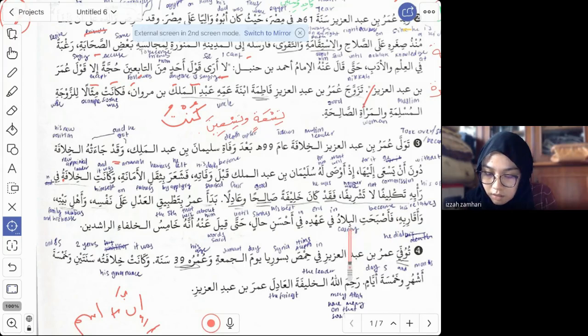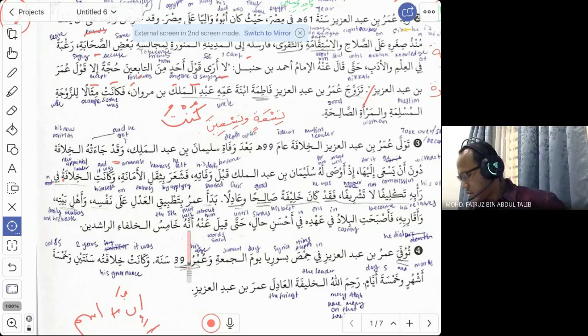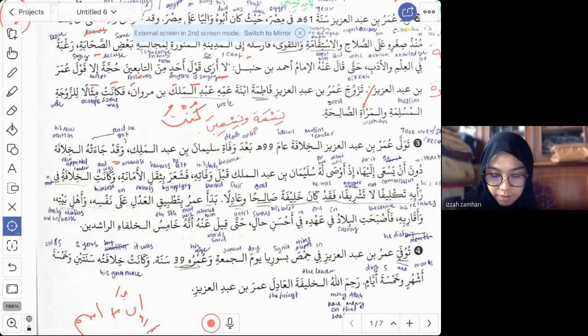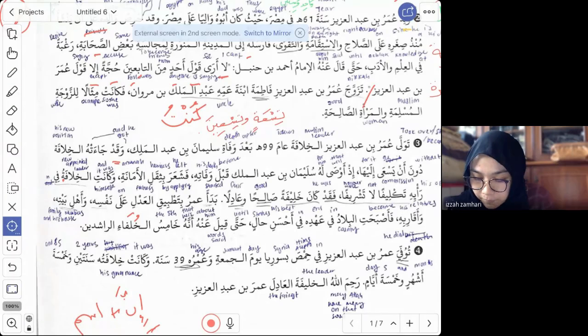Fa'asbahatil biladu fi ahdihi fi ahsani halin hatta qila annahu khamisul khulafa ar-rashidin. Fa'asbahat means became. Al-biladu means country. Fi means in.